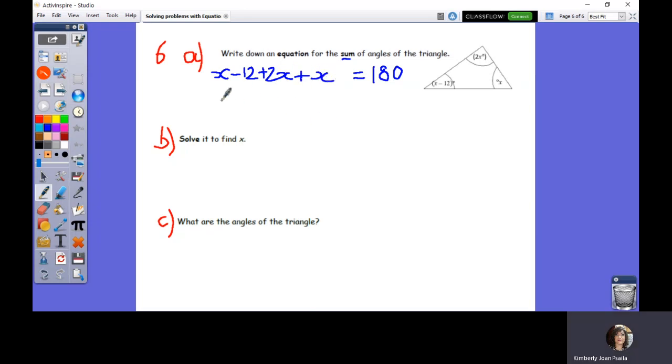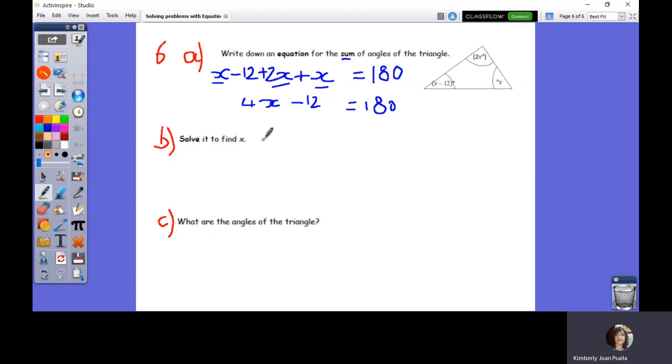We can arrange this by collecting these. So we have x plus 2x plus x gives us 4x minus 12 is equal to 180. Okay, so there you have your equation.